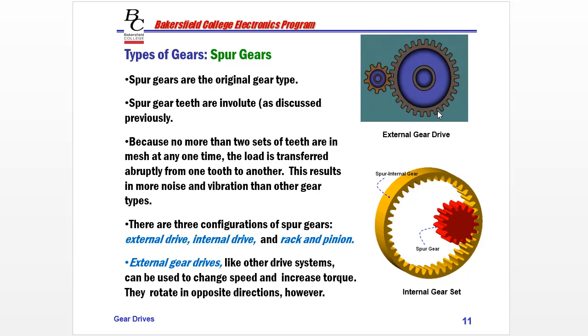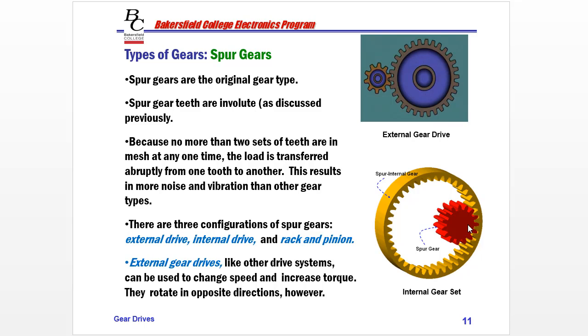There are three configurations of spur gears. External drive, which this is an example of. So both the pinion and the gear have their teeth on the outside of the wheels. So this is an external drive. And then we have an internal drive.